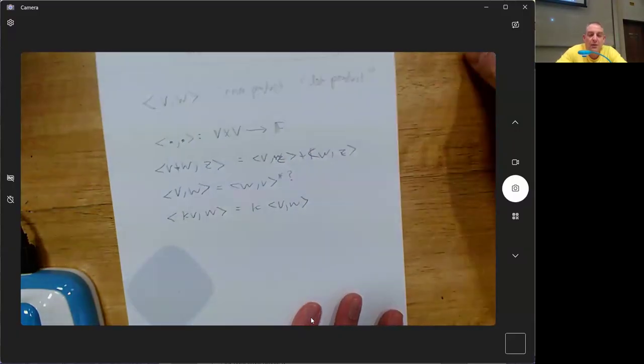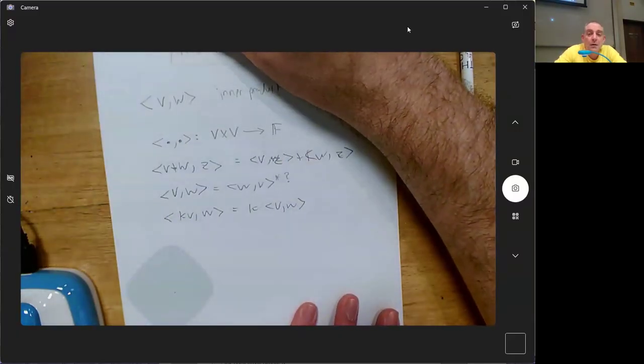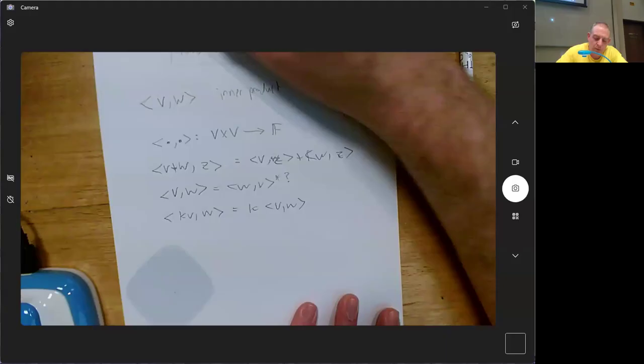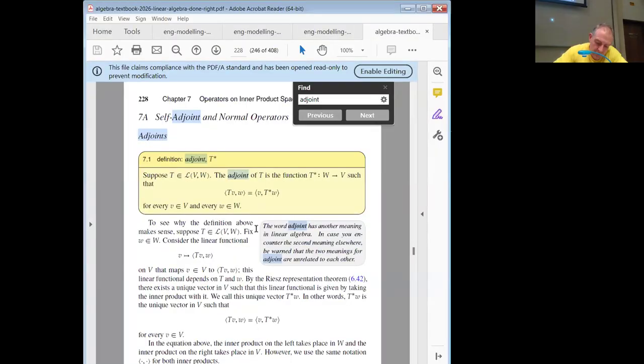They're my guesses as to how it should work. VV has to be positive, and only 0 if V is 0.